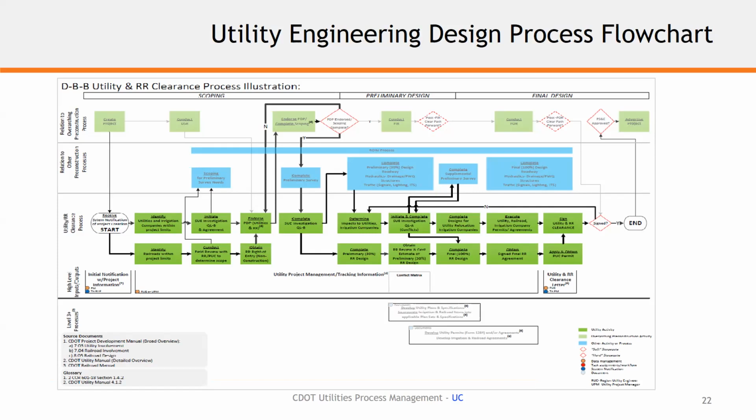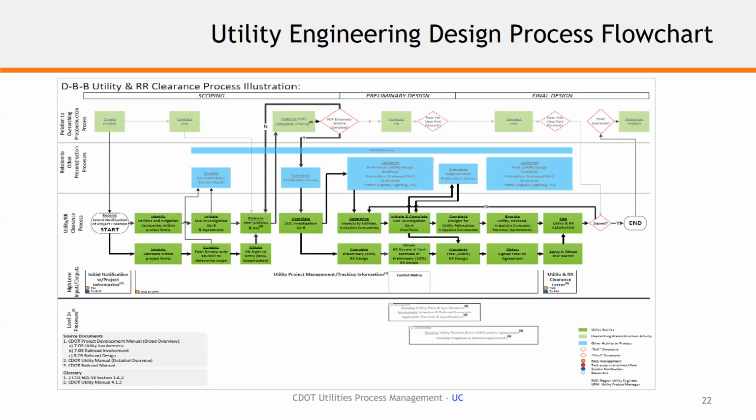because the two, even though they're cleared under one utility clearance, have a tendency to track at different paces or different speeds. So the railroad project may take longer or may take less time than a utility project. So just keep that in mind, and how the two run parallel, but they do have to finish at the same point in time.